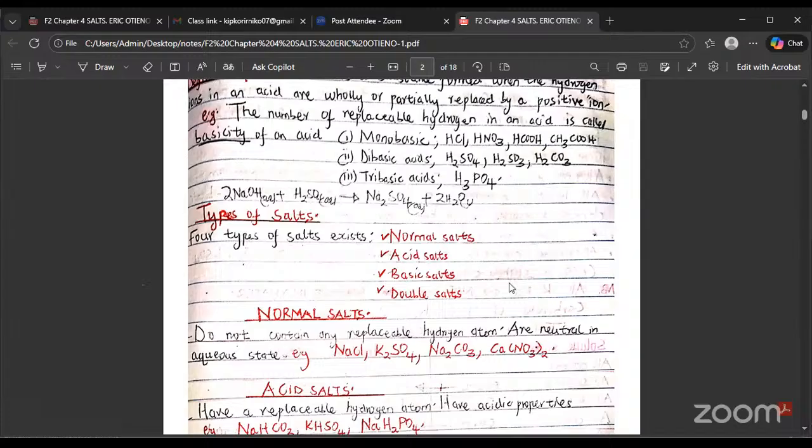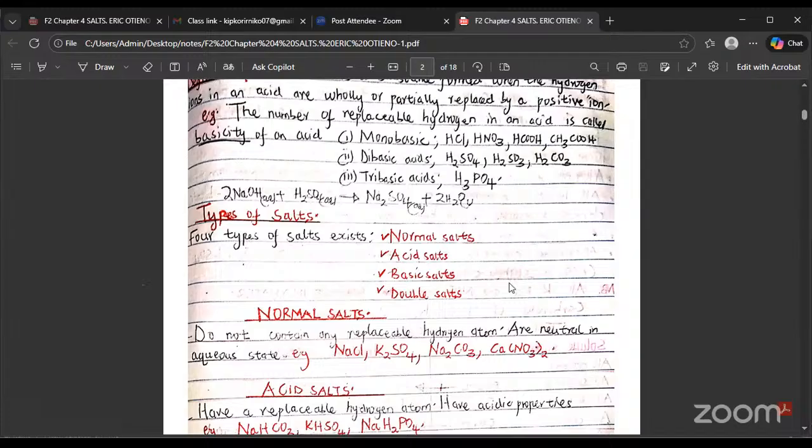I'll still give you how we normally represent an acid, basically, and how we represent a base. Number 3 is basic salts, and these have been arranged in such a way that normal salts are in the same place, and then you go now to the double salts, which are a little bit complicated.